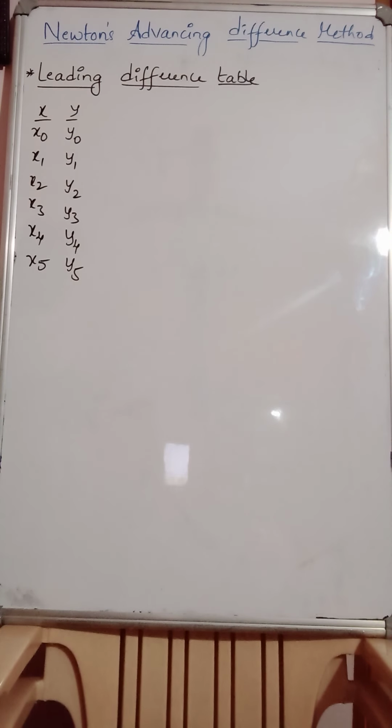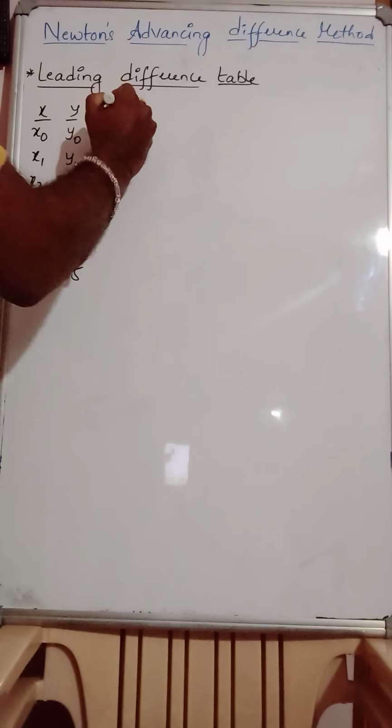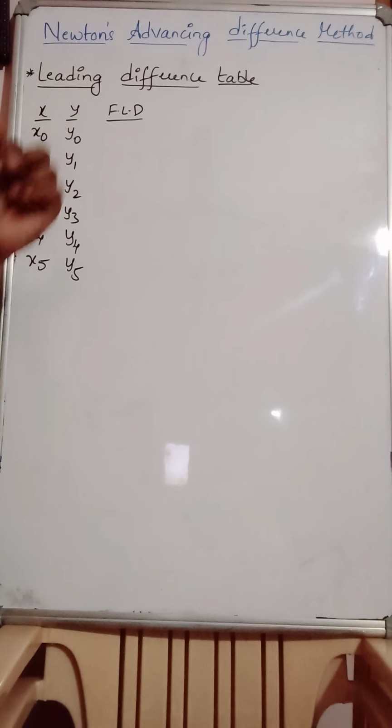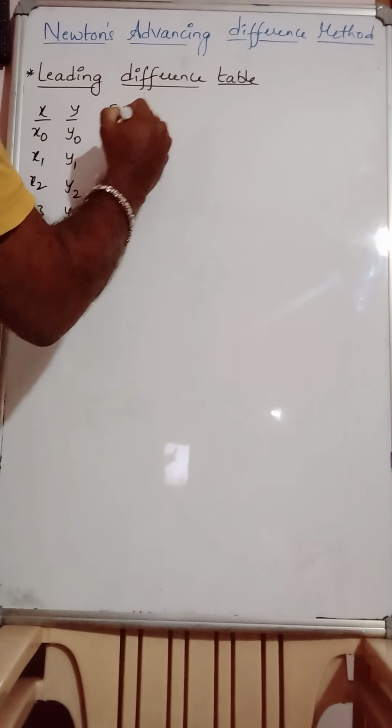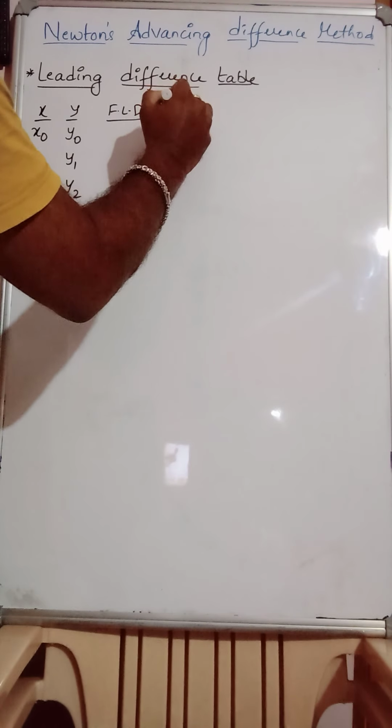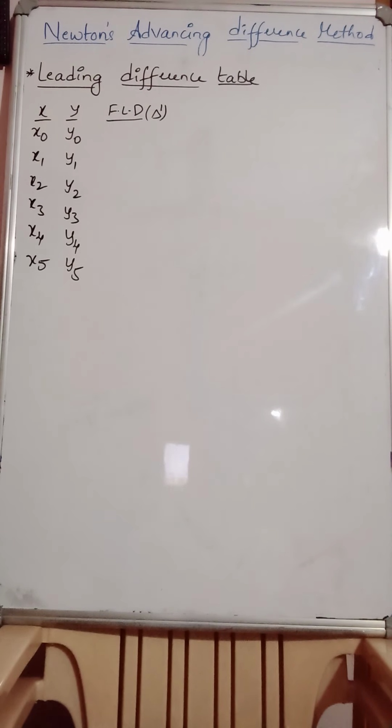Remember. Now, do the leading differences. First, the first leading difference, shortcut I have written FLD. This is delta 1. We can take it as delta 1. First leading difference means forward leading differences.